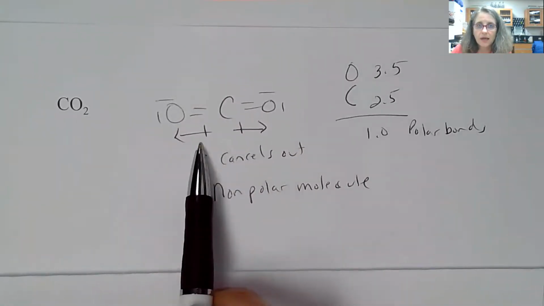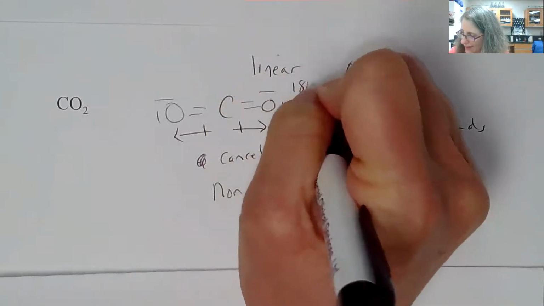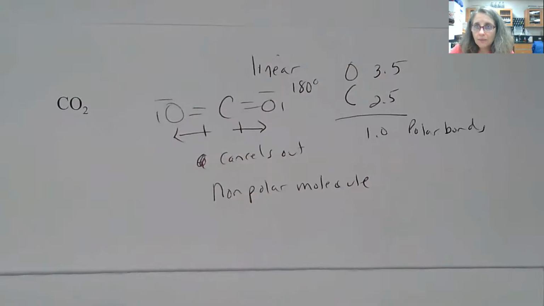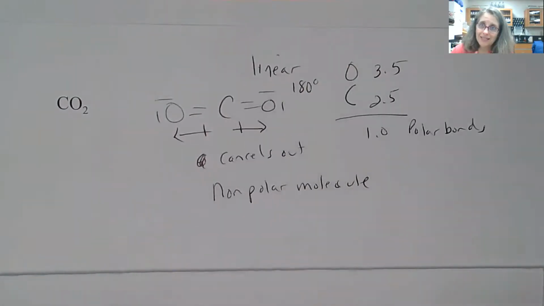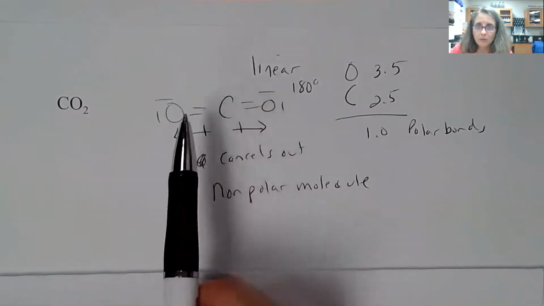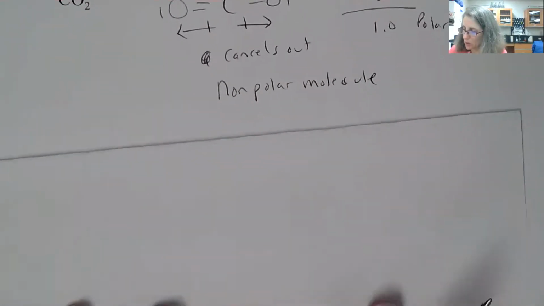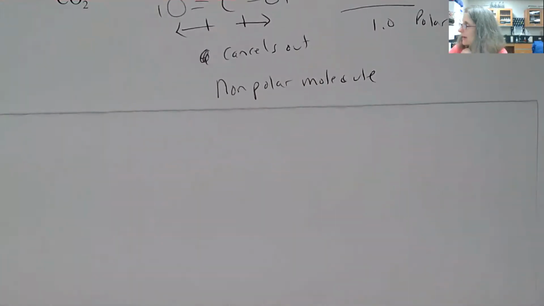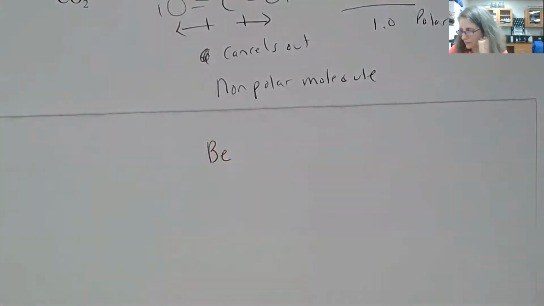So since these cancel out, linear shapes, being at 180 degrees, are going to be non-polar. Now, if you have something attached to it and it is different, you are going to make it polar. This is only if that central atom is attached to the same things on both sides. If you have something different on one side or the other, then you're going to make it polar. For instance, let's say beryllium. Beryllium is just an easy one because it only makes 2 bonds.